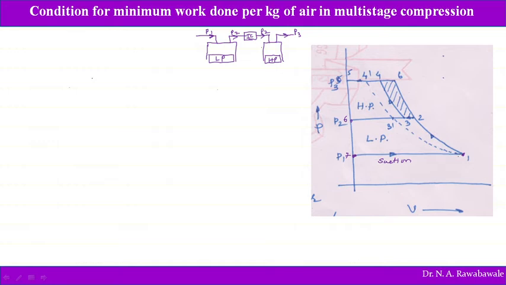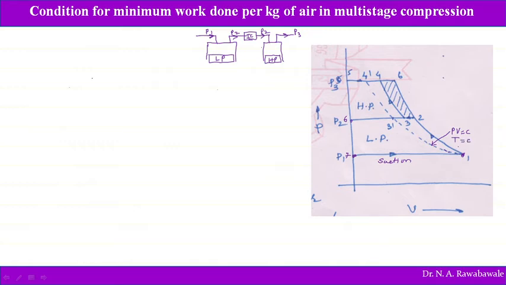So initially in this LP cylinder, air is at state 1. This dotted line indicates the isothermal process, which follows the law PV is equal to constant, and which is the ideal process. So the isothermal process, PV is equal to C, means a constant temperature process during which temperature remains constant.